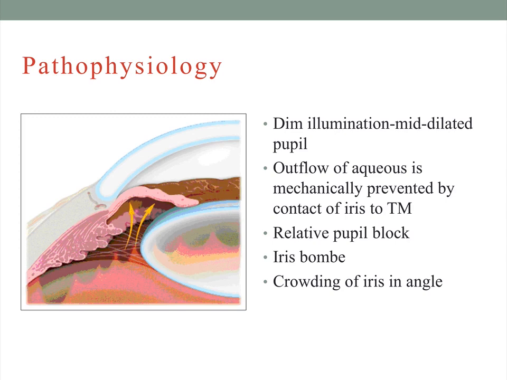This pupillary block leads to collection of aqueous behind the iris, which causes ballooning of the iris, and this causes further crowding of iris into the angle. So there is a relative pupillary block to begin with, leading to iris bombé, which leads to crowding of iris in the angle of anterior chamber.